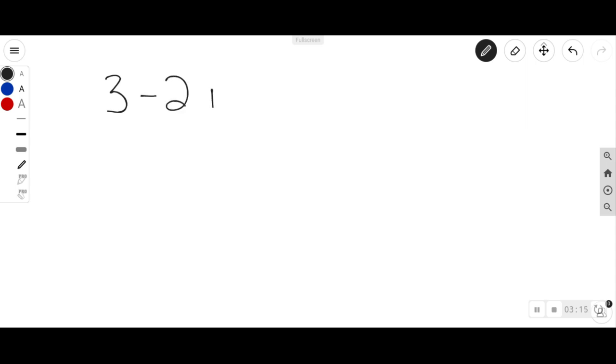So we have 3 minus 2 plus 3 times 6. Remember, the little dot means times. Now, I have a times, I have a subtract, and I have an add in here.